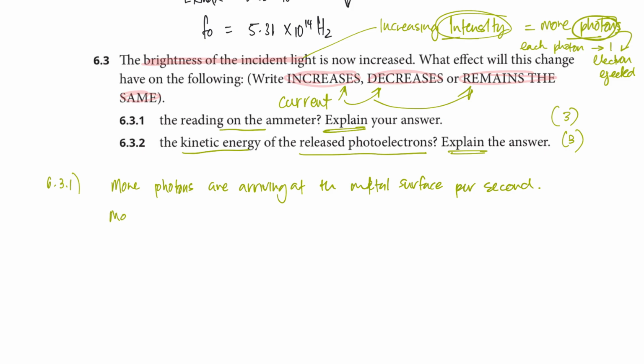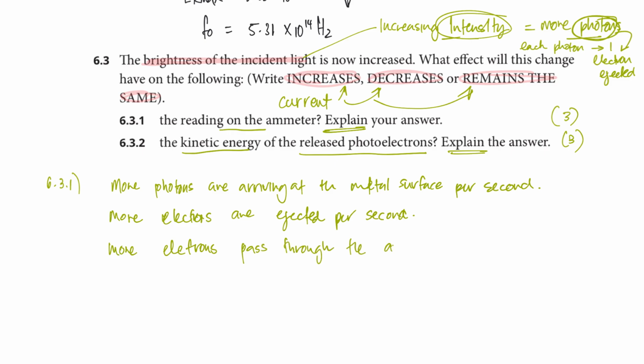That's the first thing. The second thing is, if that happens, more electrons are ejected per second. And that means more electrons will pass through the ammeter. Or better to say, more charge is arriving at the anode per unit time.